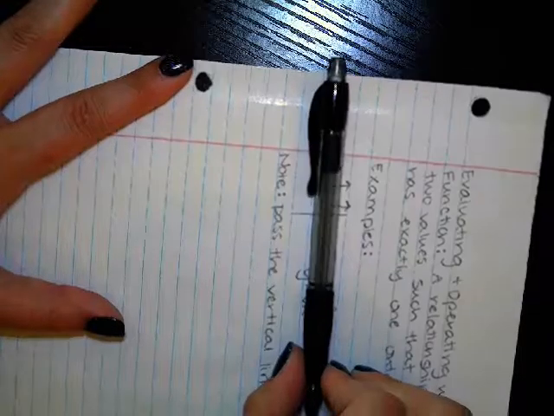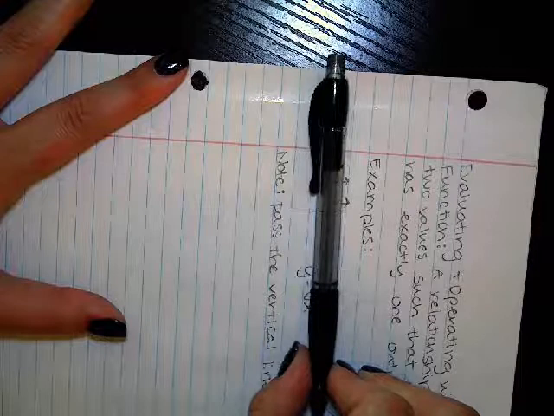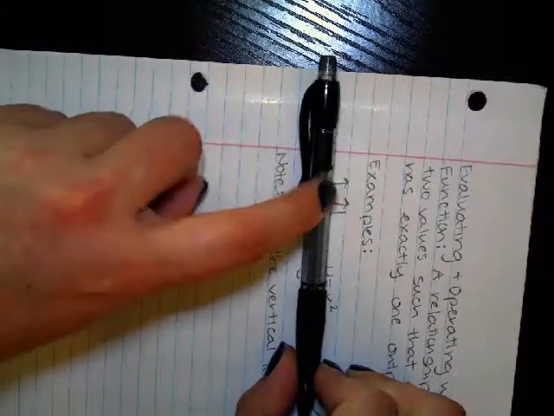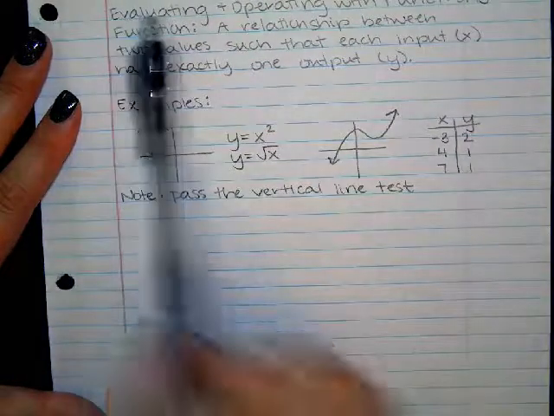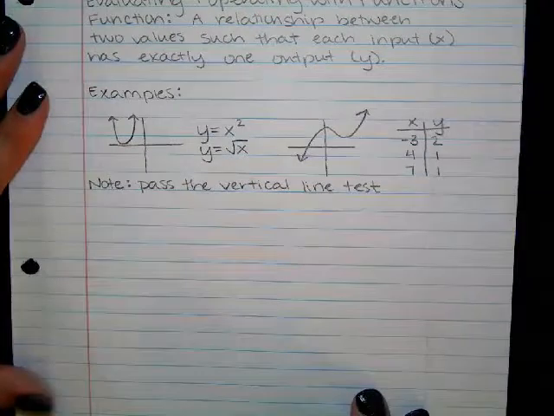So for instance, if I was to turn this sideways, that would not pass the vertical line test because my pencil is touching 2 points on the graph at a time. But normally it passes the vertical line test because a parabola is a function.